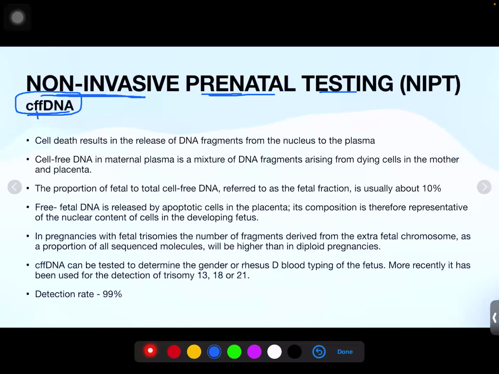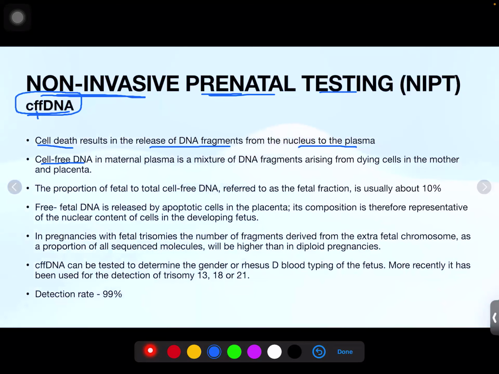Basically, what happens in the mother's plasma? Cell death occurs, and cell death results in the release of DNA fragments from the nucleus into the plasma. So maternal plasma has different DNA fragments in it.